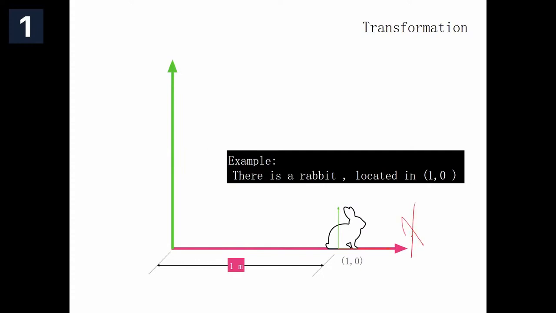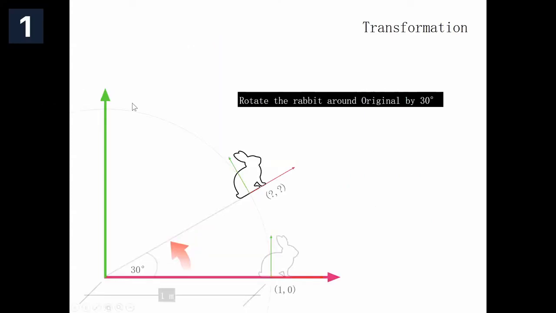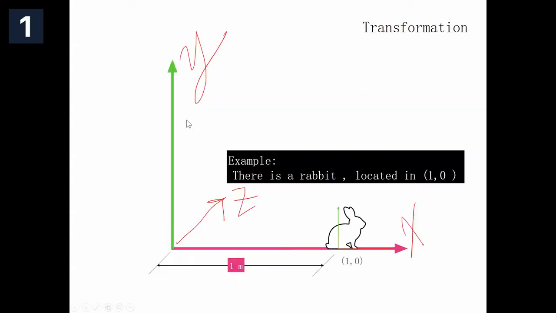This is the X direction, this is Y, and this is the Z direction. But in this example we don't use the Z direction because it's a 2D example. So forget Z. We just use X and Y.